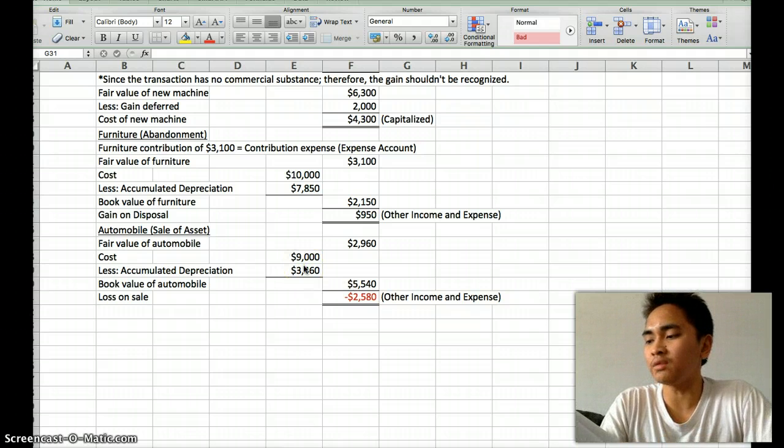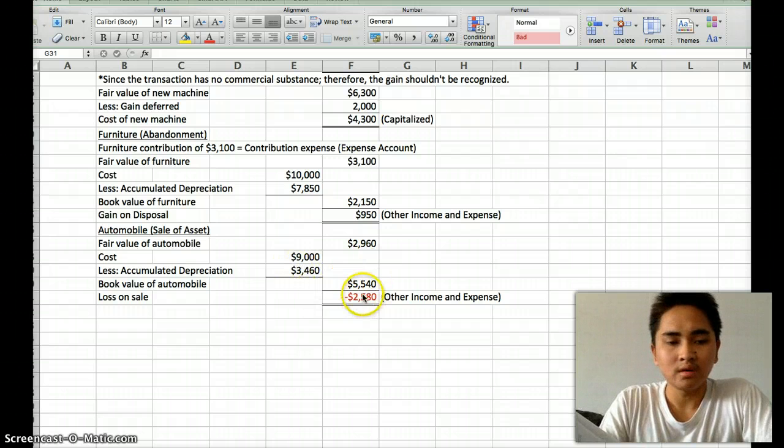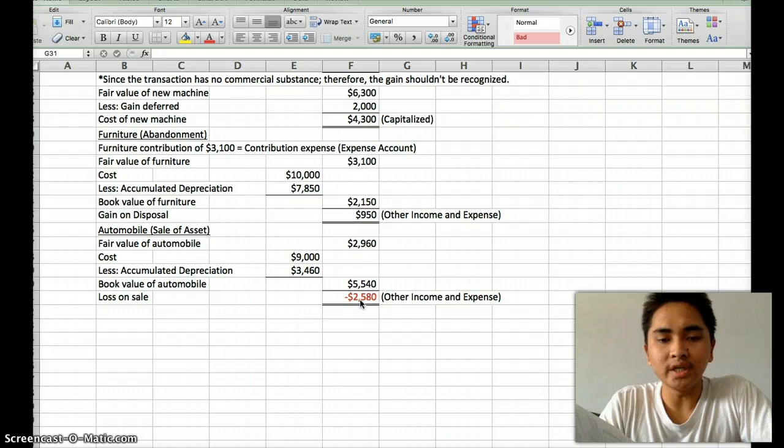In this case, it is 9,000 minus 3,460, which is 5,540. And then I subtract the book value from this fair value, and I got a loss on sale of 2,580. And this amount goes into other income and expense.